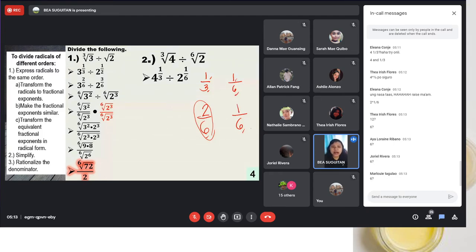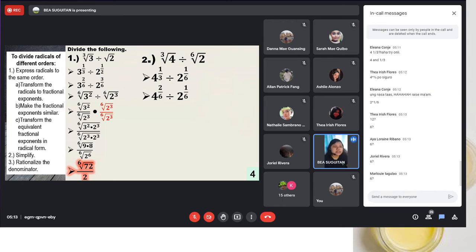So, later on, under kay 1/6, 1/6 pa rin ang ating isusulat katulad nito. Okay, that will be 4 raised to 2/6 divided by 2 raised to 1/6. Okay, so we are already done doing step 1B, which is making the fractional exponents similar.